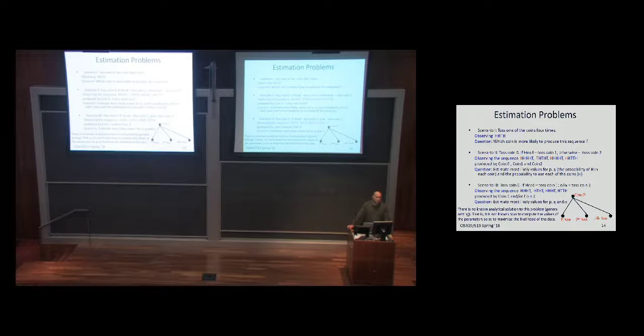But this does not give me an analytical solution. It's true that had I known that there is some gap between the P and the Q, for example, I would be able to guarantee something. If I see this many examples and the gap between P and Q is at least this, then I will, with high probability, learn the right parameters or estimate the right parameters.